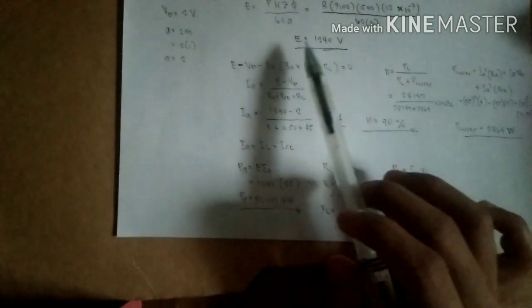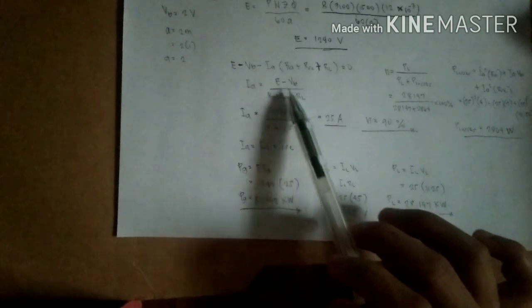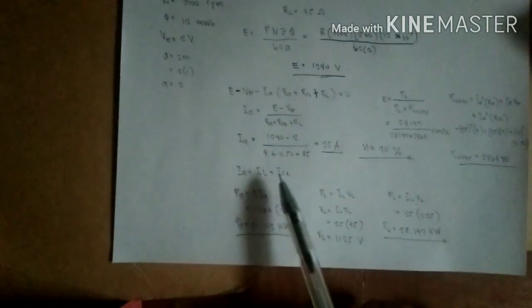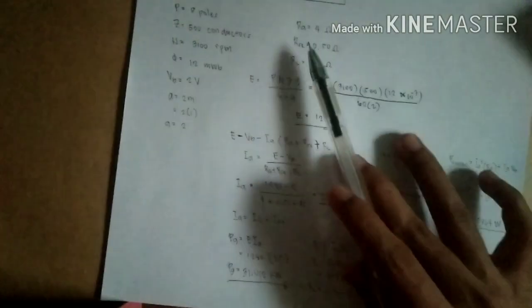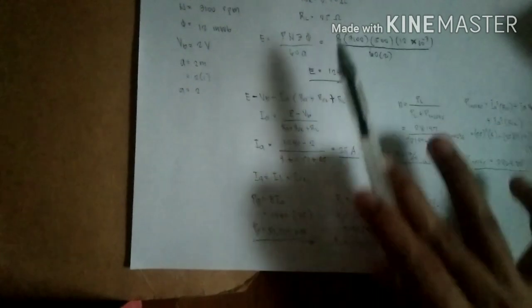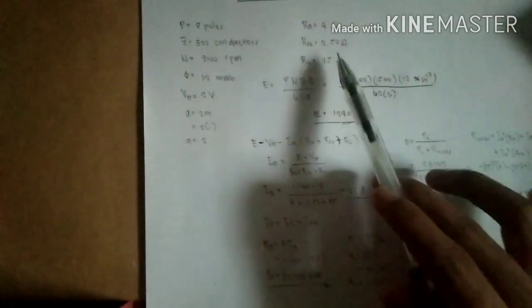Our generated EMF is 1240 minus the brush drop, which is 2 volts, over our RA, which is 4 ohms, plus RSE, which is 0.50, plus the RL, which is 45 ohms.